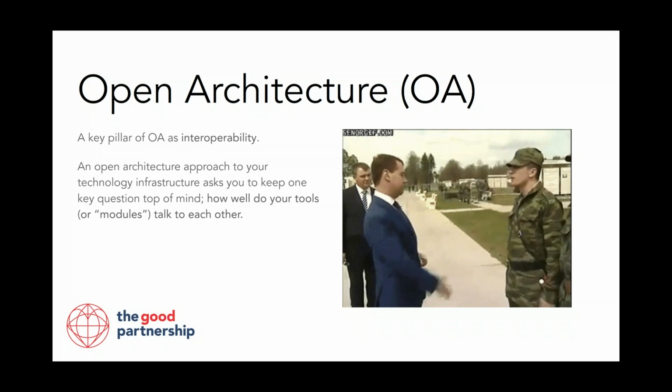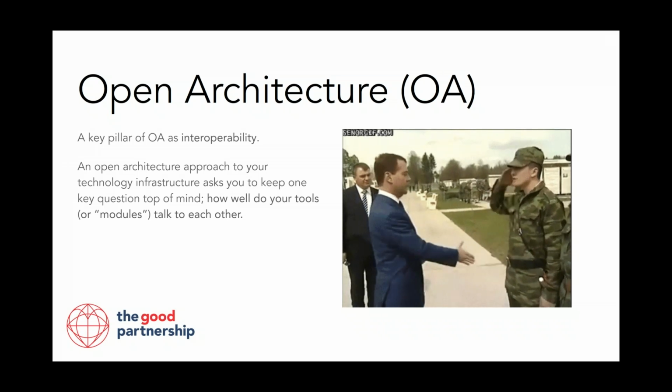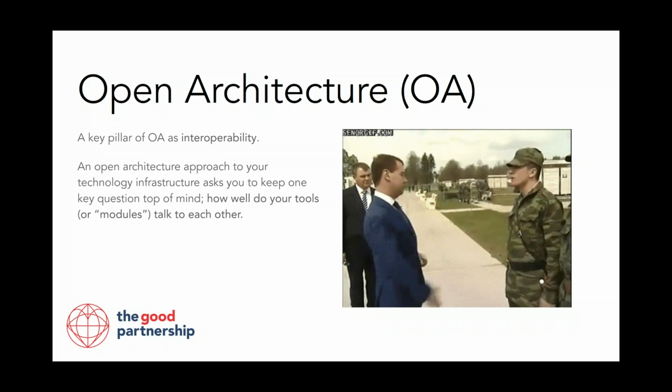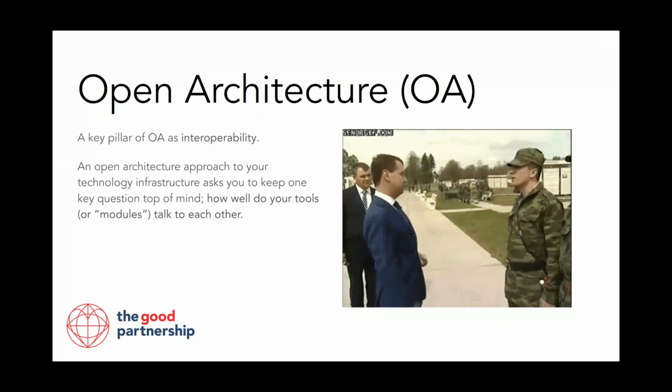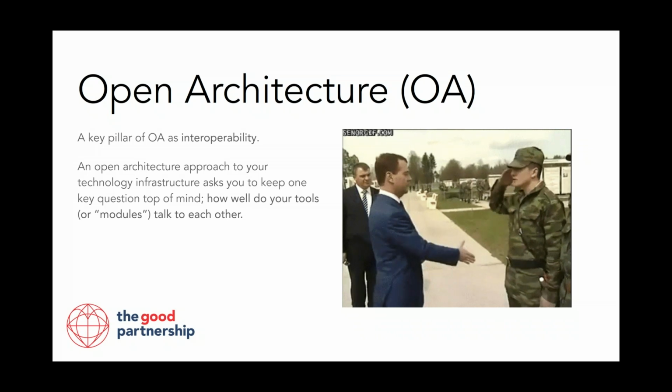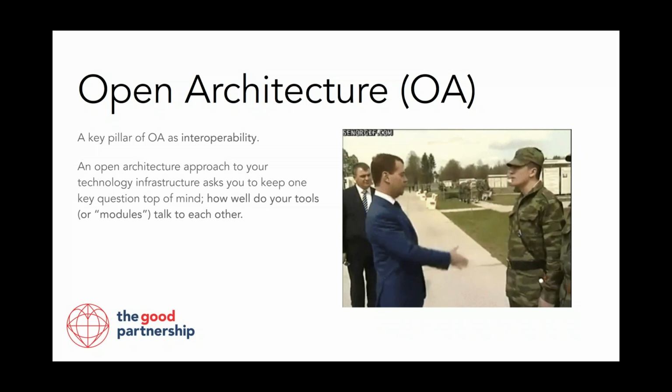All the puzzle pieces in a box are designed to connect with each other. But you can't take one puzzle piece from another puzzle and expect to find its match in a different puzzle, right? So interoperability is very key. And again, we're going to come back to that in a little bit more detail.